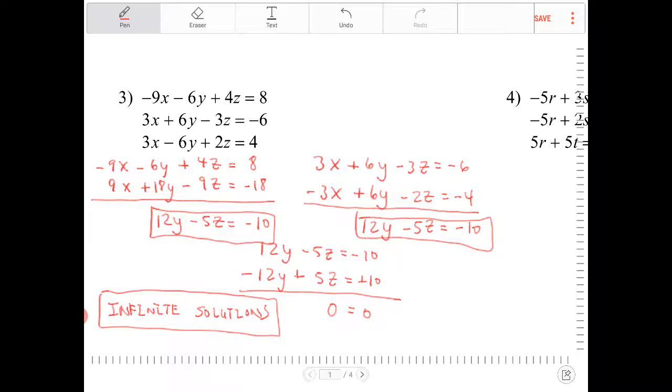You know how when we had infinite solutions with two linear equations, they were one on top of the other? Well, it's the same situation here. Any value of x, y, and z that you plug in, it doesn't matter what it is, it'll work for all three equations. So that's what it means for the system to have an infinite number of solutions.